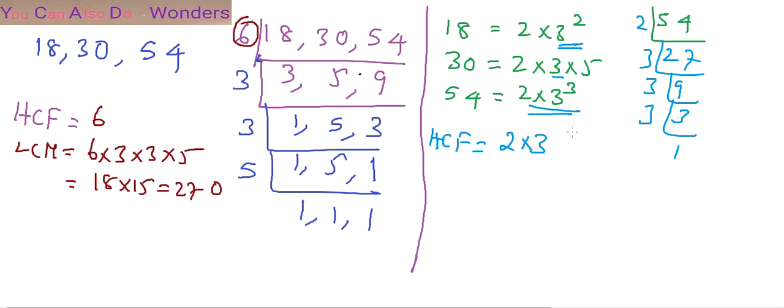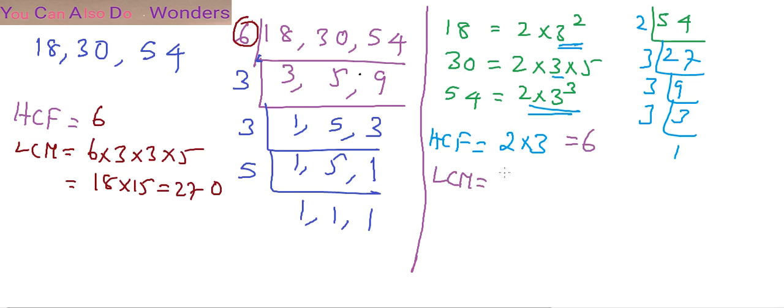So only 2 and 3 are common factors. Therefore HCF is 2 into 3, 6. And LCM, whether common or not, we must take the product of all prime factors with highest powers.